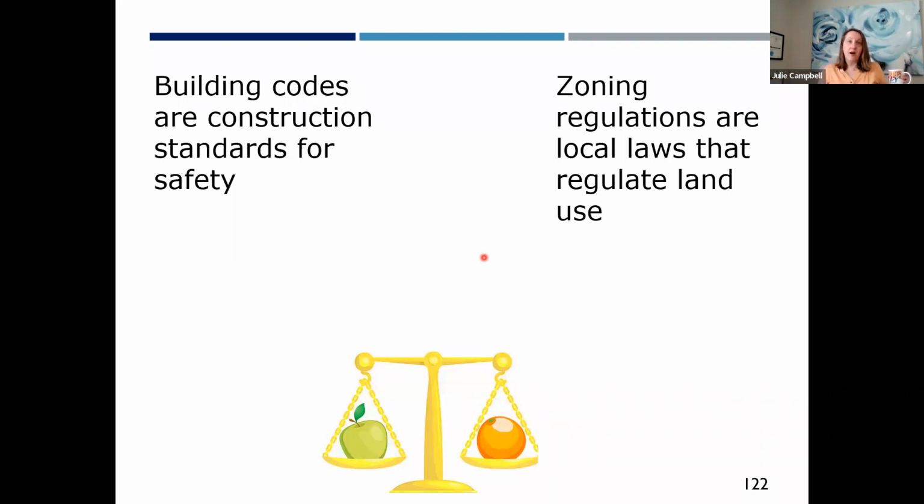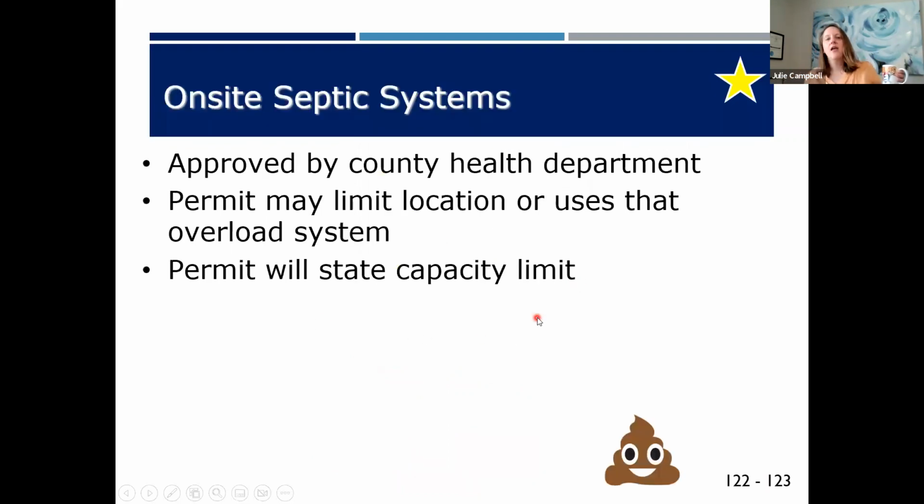So still talking about public land use controls, how the public or the government can regulate our land. We're going to switch gears for a second to a crappy topic. We need to talk about on-site septic systems. Let's see what I did there.